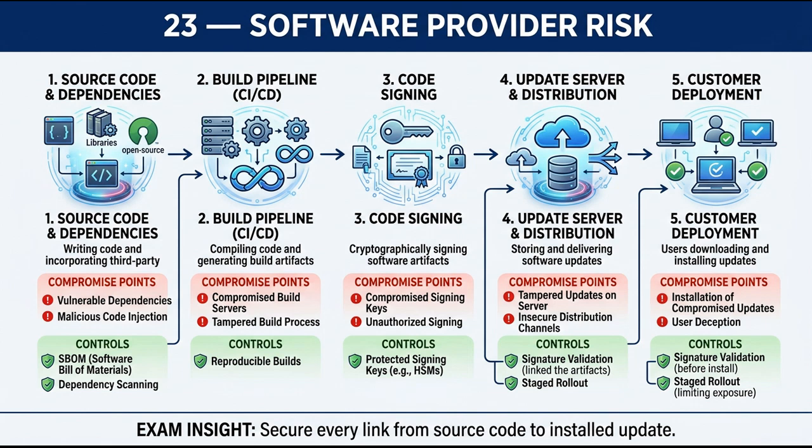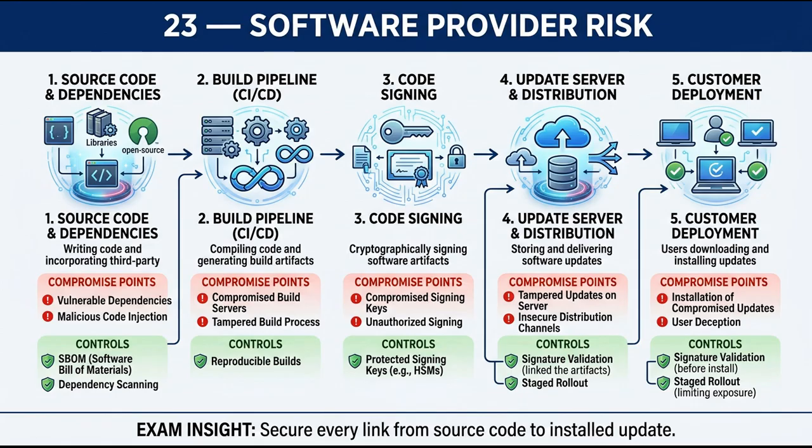Dependency scanning, protected branches, code review, isolated builds, least privileged automation, secret scanning, and hardened signing systems reduce risk. Reproducible builds can help verify that source produces the expected artifact. Customers should validate signatures, test updates in stages, monitor behavior, and preserve rollback capability.